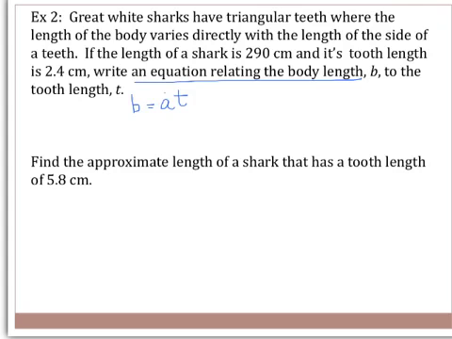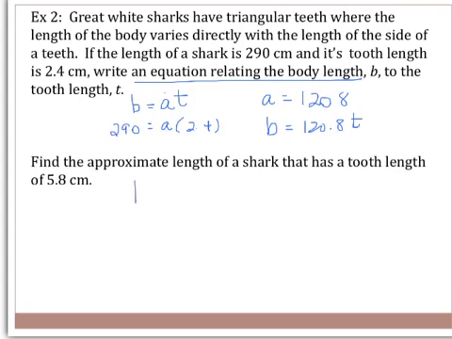So we need to find the value for a by substituting in. So we've got 290 equals a times 2.4. A is going to be equal to about 120.8. And so to get our equation, we have the body of the shark is equal to 120.8 times the length of the tooth. Then we're going to find the approximate length of a shark that has a given tooth length.